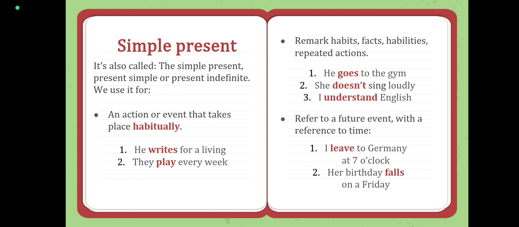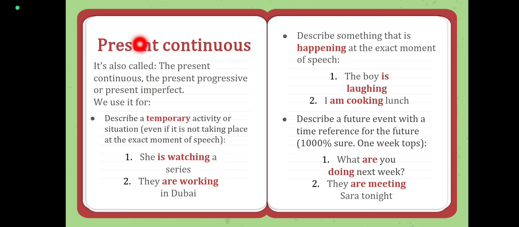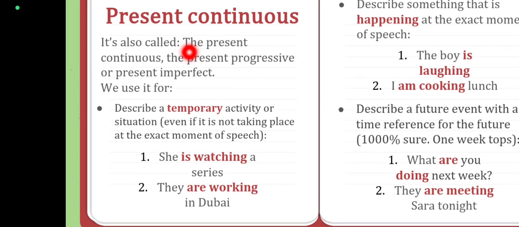Awesome. Now, here we have the other verbal tense, present continuous. It is also called the present progressive, or present imperfect. Now, this verbal tense is used to describe a temporary activity or situation. So this is the important word for this verbal tense, temporary.